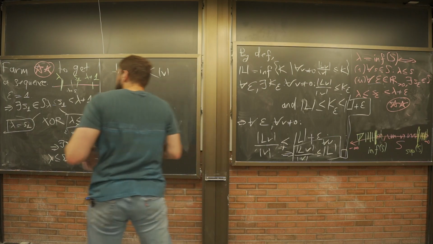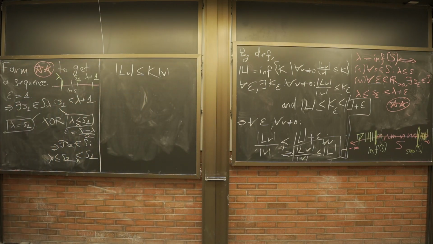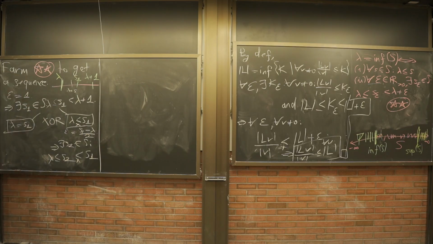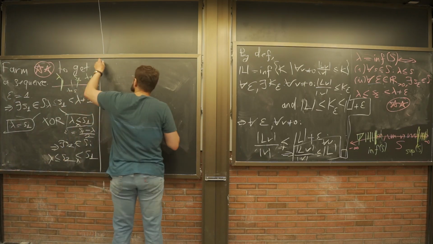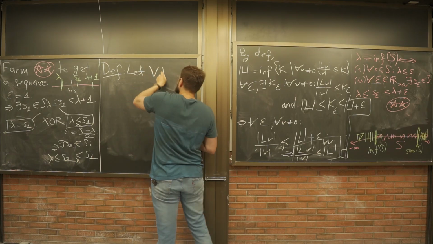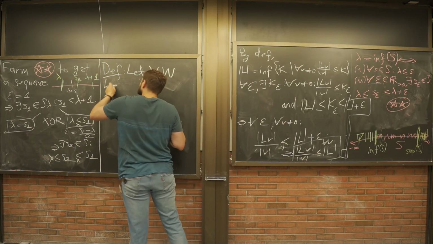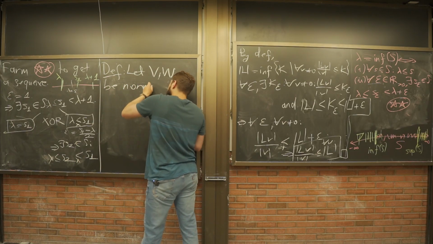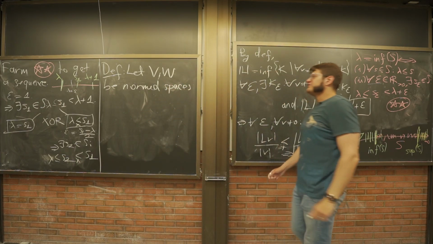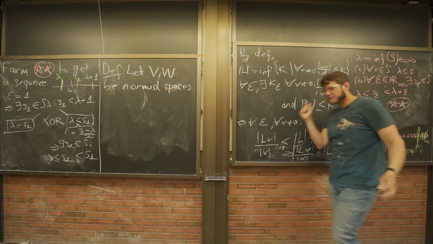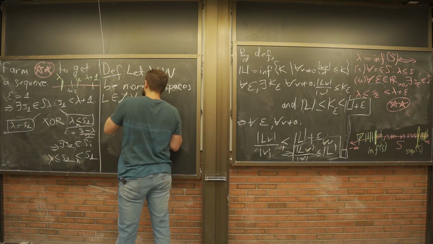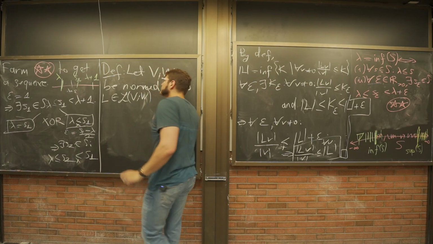This leads to the idea of the operator conorm. Okay? And so the operator conorm is defined like so. I take two normed spaces V and W and a linear operator between them, at this point, possibly unbounded.